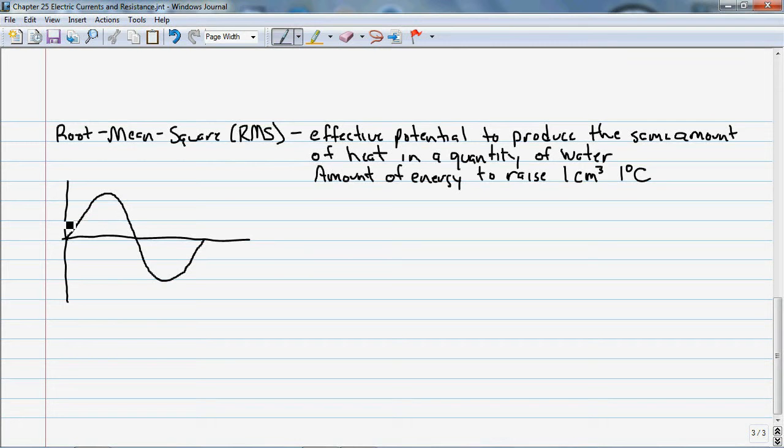And so if I want to be able to get an effective value, so here's my peak, there's my voltage peak there, and I want to know this effective RMS value.